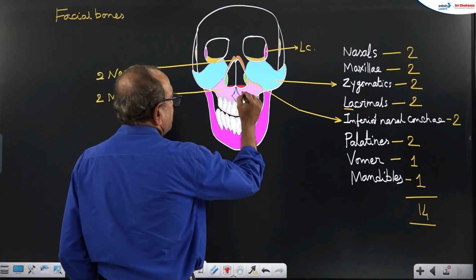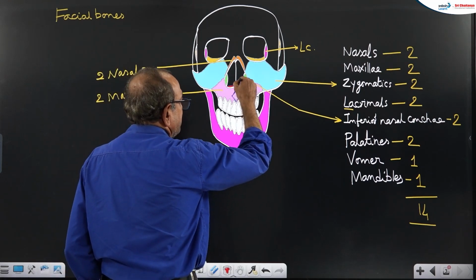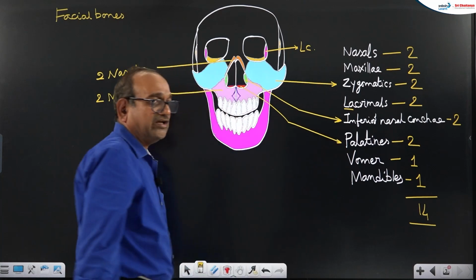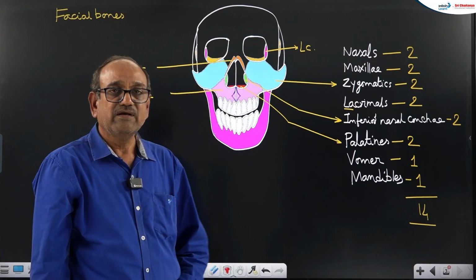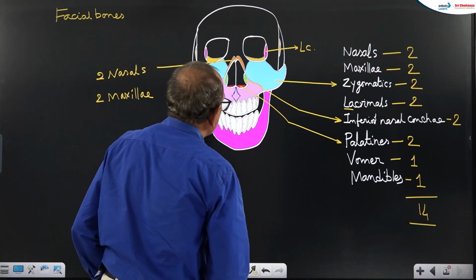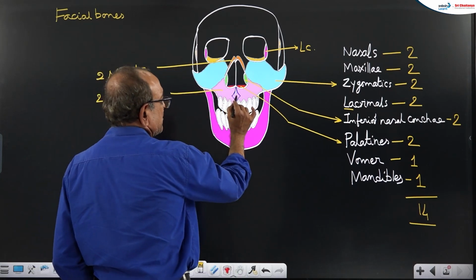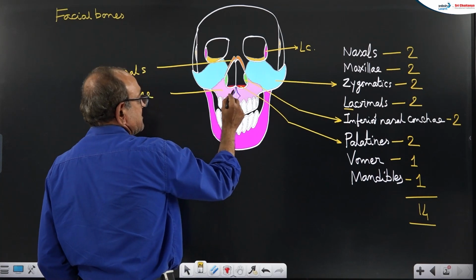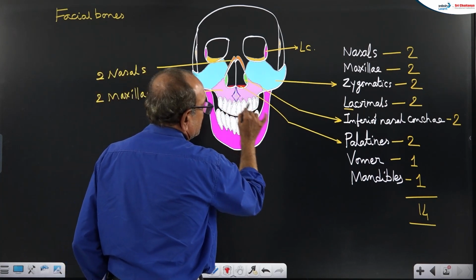Next, palatines. A pair of palatine bones are there. These palatines form the hard palate of our buccal cavity, the roof of the buccal cavity. Vomer. This is a single triangle shaped bone present beneath the nasal cavity.